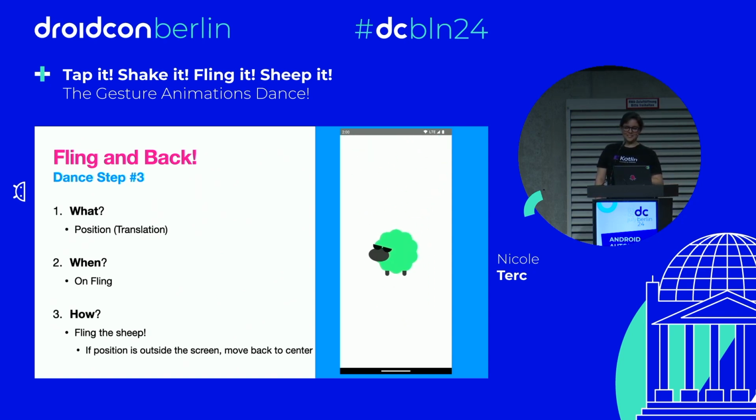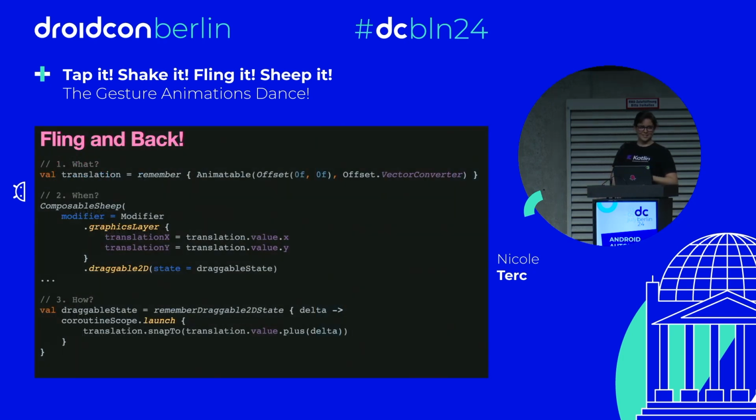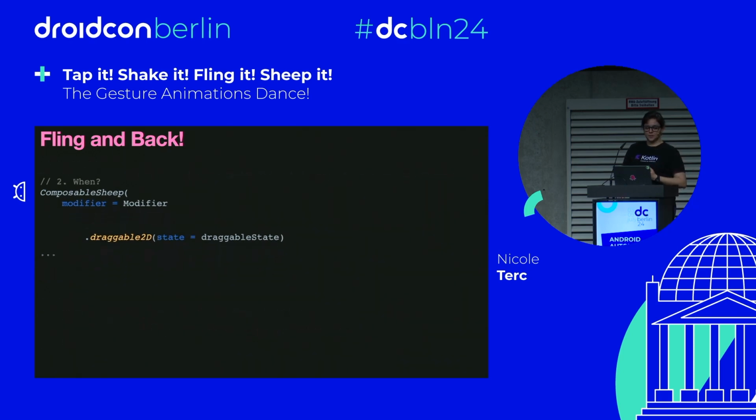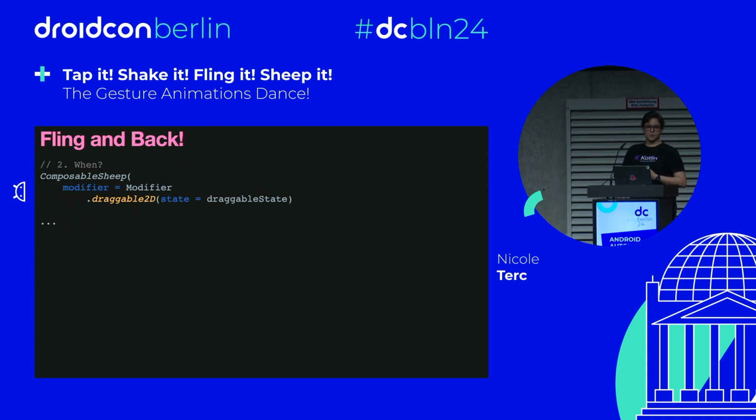Okay, cool. So let's translate this into code. If we translate these questions into code, it will look like this, which basically is our draggable code as before. The only thing we need to change in order to make this fling is we're going to need to change that draggable to the modifier. And how are we going to change it?